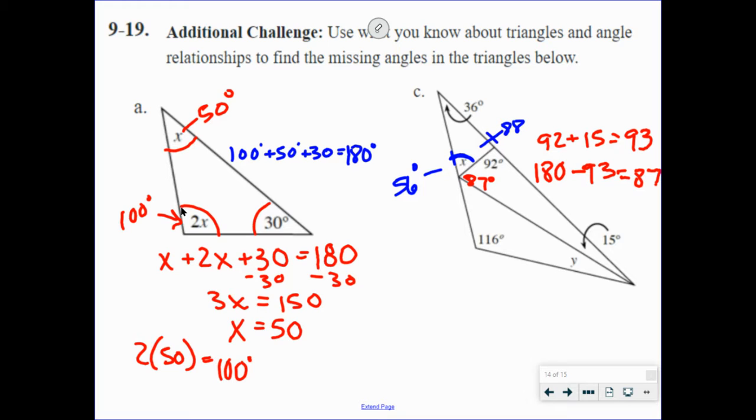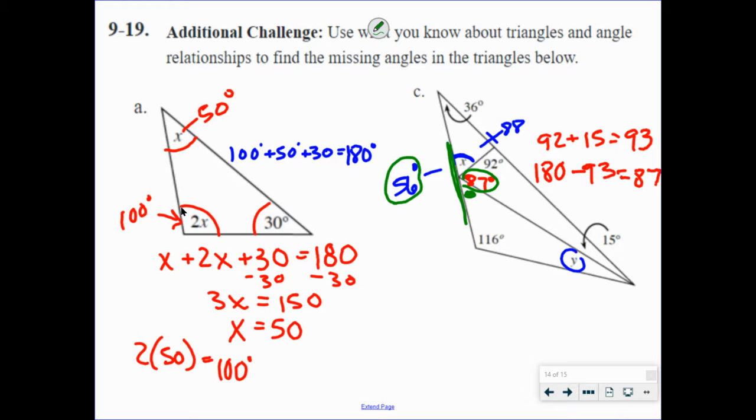We're trying to get to y now, and we don't know this angle, so we can't quite check out that triangle yet. However, I want to look at this angle right here. We have this 56 and our 87, and this is a straight line, so that also has to be 180 degrees in total, right?